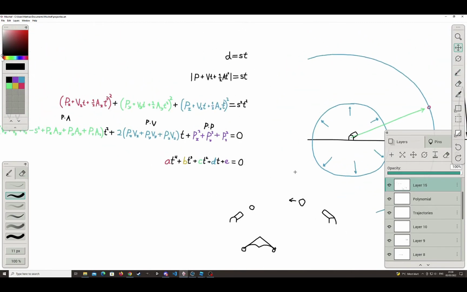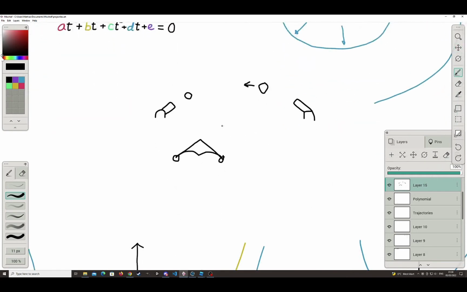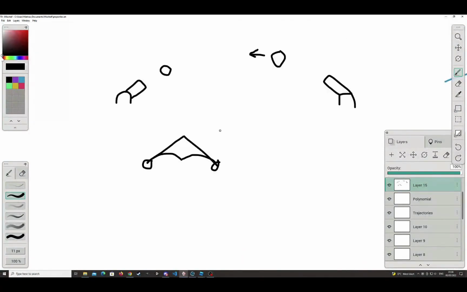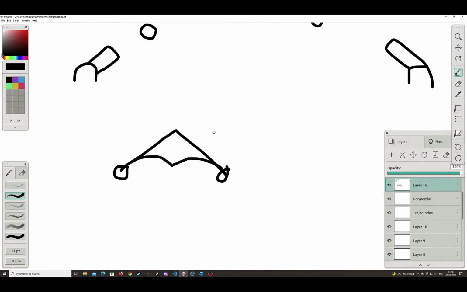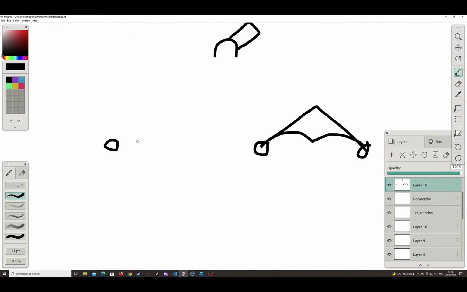Wait, so why is it true that if those straight lines meet, then their parabolic arcs will always meet? I don't have a better explanation of this than just intuition, basically. But yeah, if they're not moving at all, they might hit like this, right?